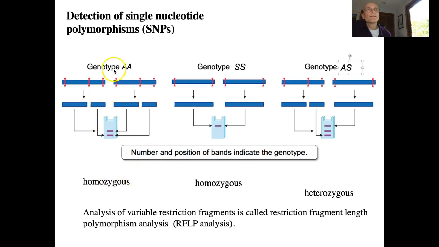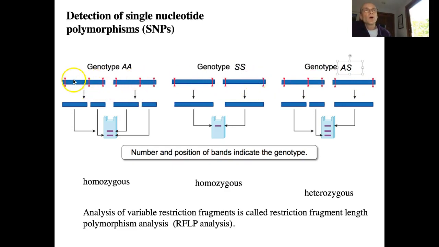So this example here is an organism that has two alleles of the same kind, the A allele and the A allele. And then this organism has the S allele of both kinds, both from mom and from dad. And this organism has an S allele and an A allele. So this is the A allele that's over here. That's the S allele over here. Mom, dad, mom, dad, mom, dad, right?